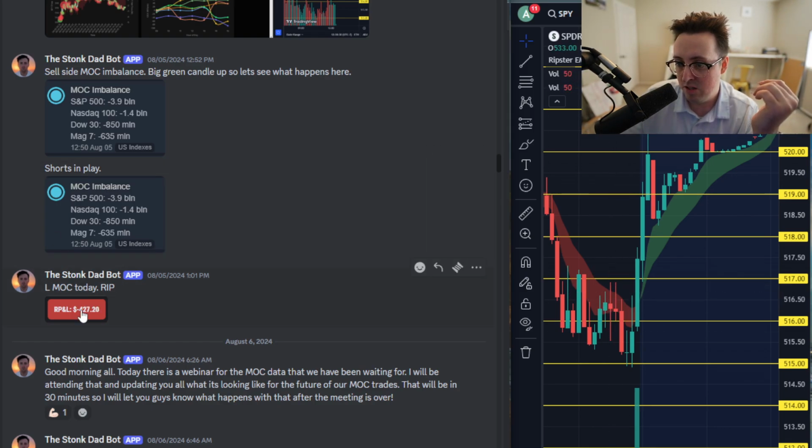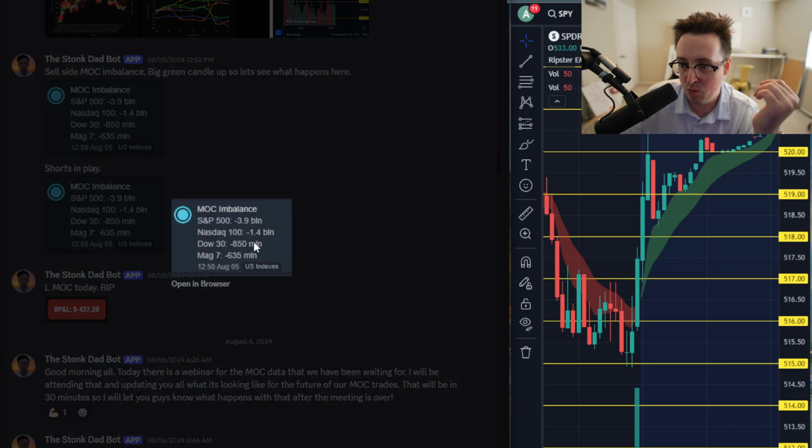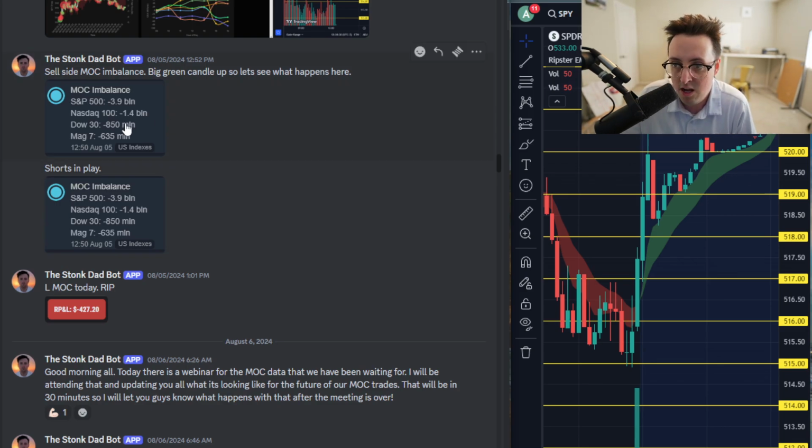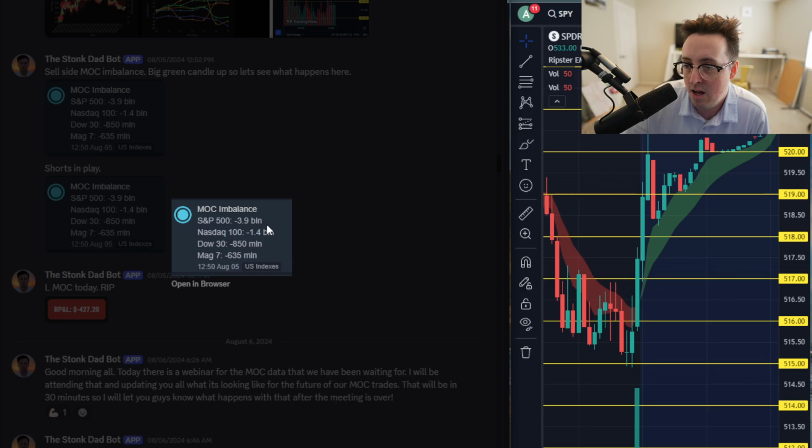So basically I went short given the minus 3.9 billion sell side S&P 500 imbalance, and it all lines up. I forgot to explain what we're looking at here. This is the imbalance between the indices: the S&P 500, the NASDAQ, the Dow, and then the Mag 7, or the Magnificent 7, the top 7 companies.